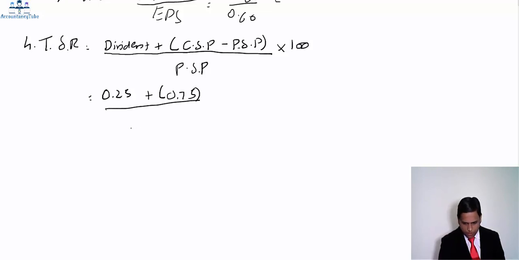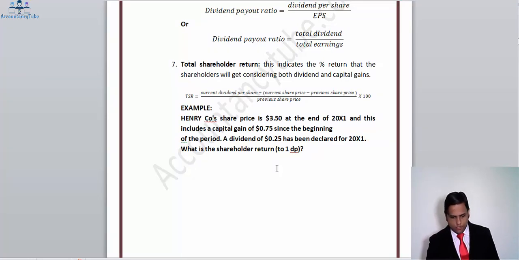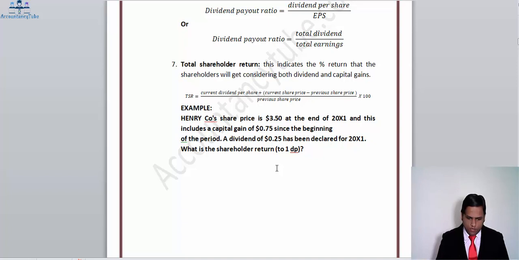Now in order to compute previous share price, we can read out again. Current share price is 3.50 at the end of the period, and this includes a capital gain of 0.75 since the beginning of the period. A dividend has been declared.